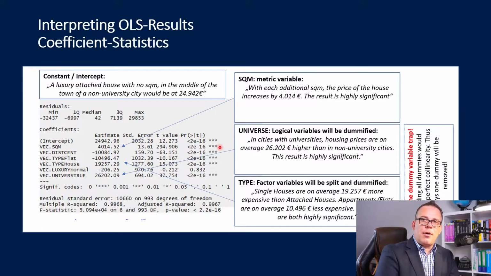If the null hypothesis says that the coefficient is 0, the alternative hypothesis says that the coefficient is significantly different from 0, which means that with a very high probability, it's not a random effect. It's not randomly induced.